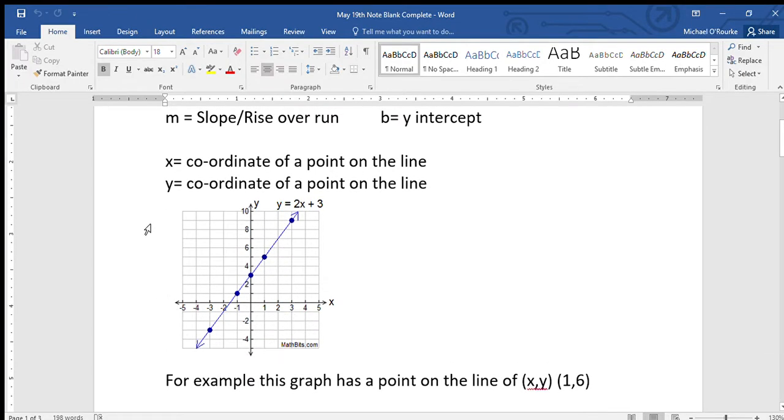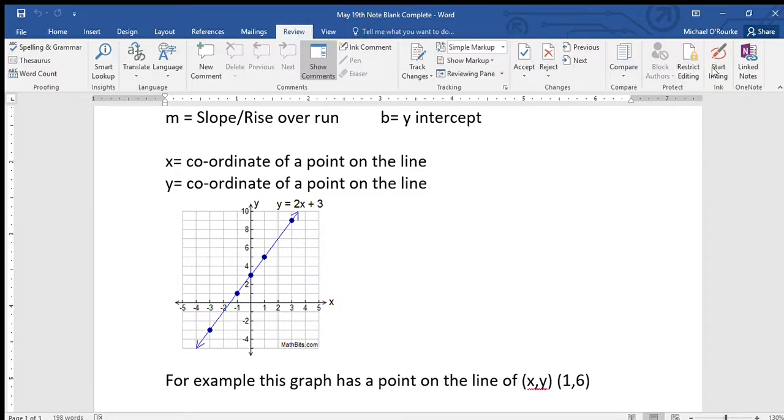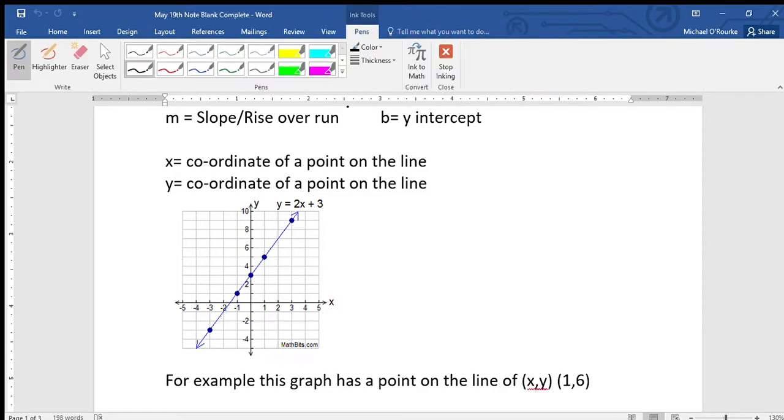So if we take a look at this graph here, this graph has a point on the line of 1, 6. Ah, shoot, that should be 1, 5. All right, so let's change that right now.